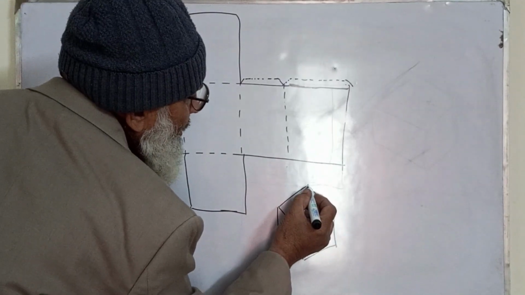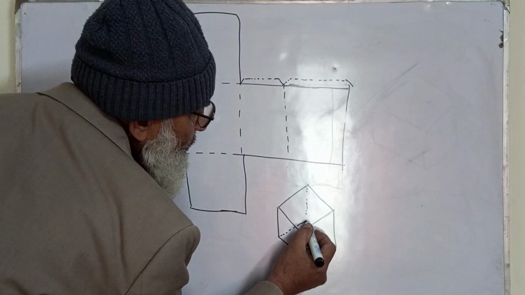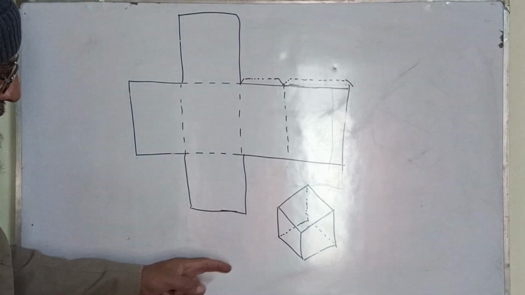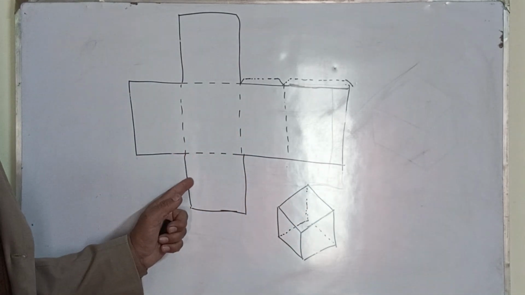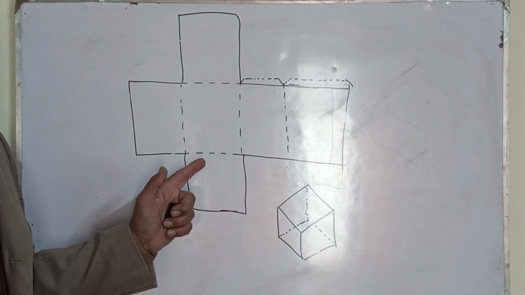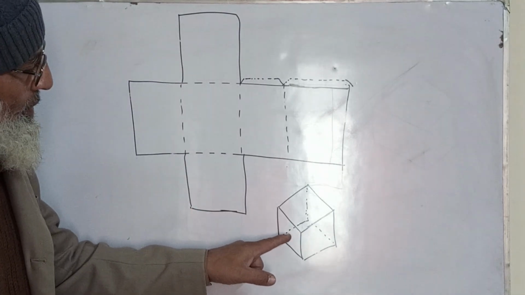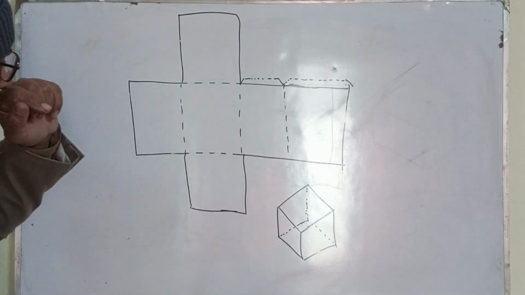If I make it with the dotted line, because these are not visible to you and not to me either. So these are six faces which were made from this artboard or cardboard: faces 1, 2, 3, 4, 5, 6.